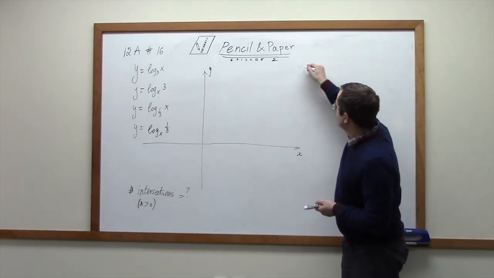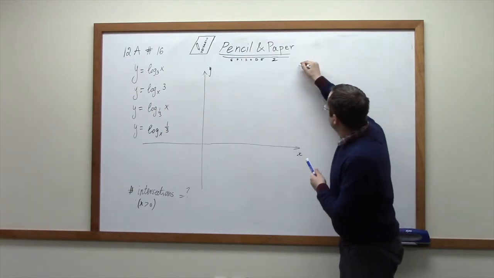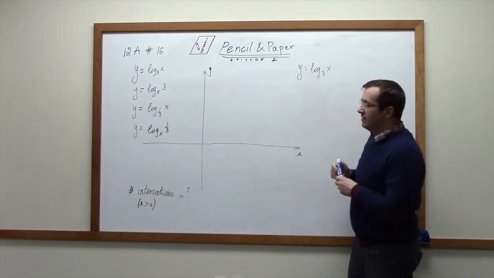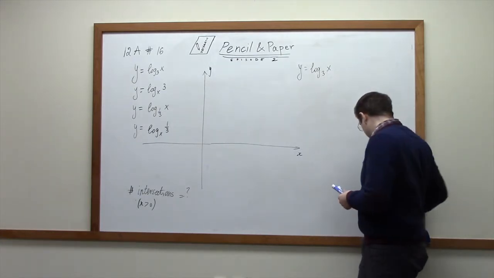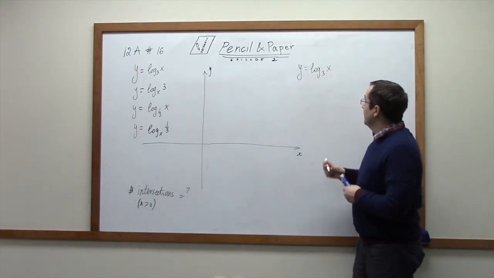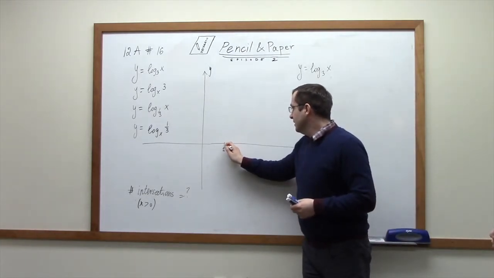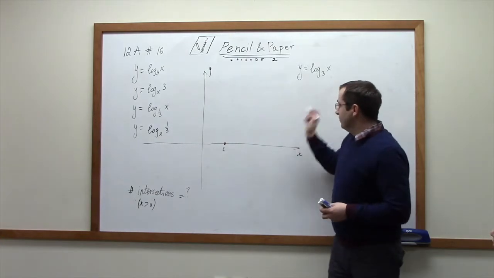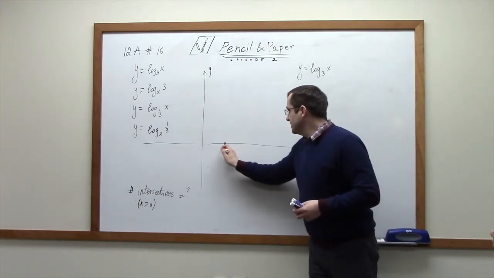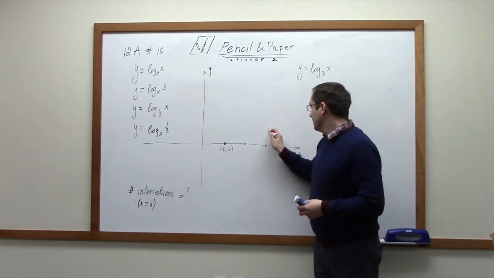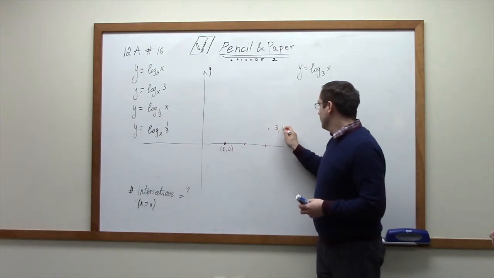The first one is y equal to log base 3 of x. I think this is the function which we all know how to draw. If x is equal to 1, the value is 0, so it passes through the point (1, 0), and it passes through the point (3, 1).